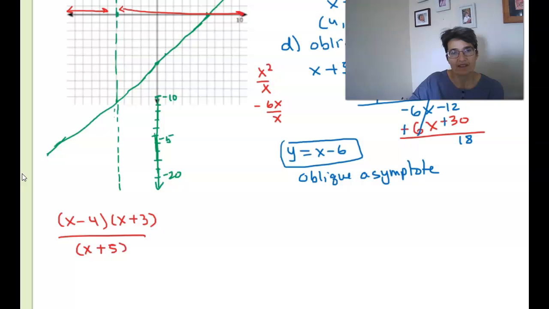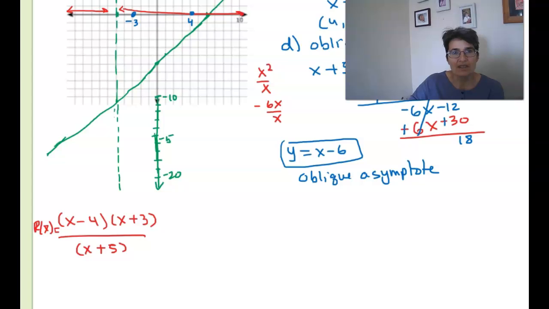Alright, this was r of x. Alright, let's put our intercepts too. So our x-intercepts are at x = -3 and at x = 4, sorry. 1, 2, 3, 4. There we go. So -3 and at 4.